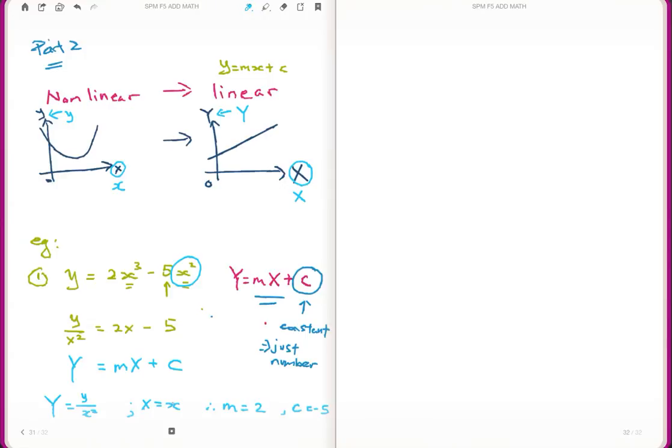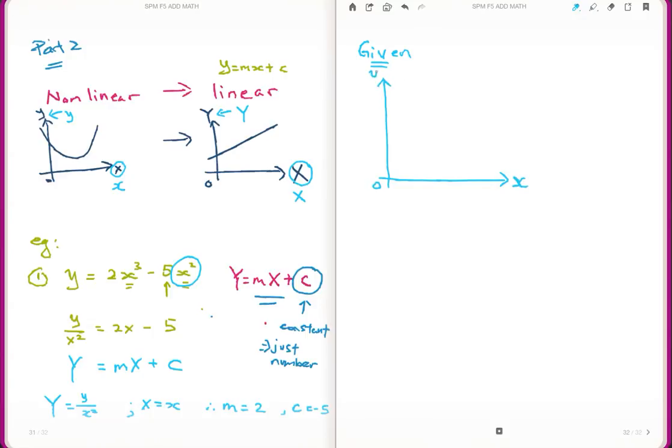Over the question in SPM, you would have a question like the following. Given in the question, given Cartesian, this is small x, 0, small y, would have a line without knowing the y-intercept.